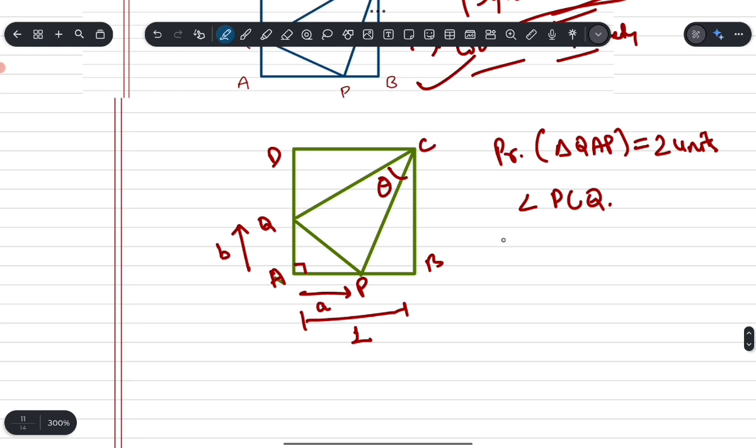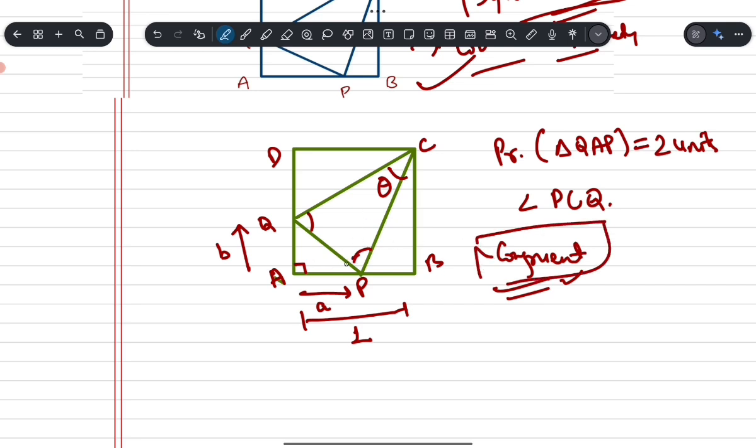Now if you try to spot some congruent triangles in this diagram, it's not very easy. Apart from this middle triangle, every other of them has a right angle triangle, and we are not really sure about these two angles. It's very difficult to spot a congruent triangle from these.